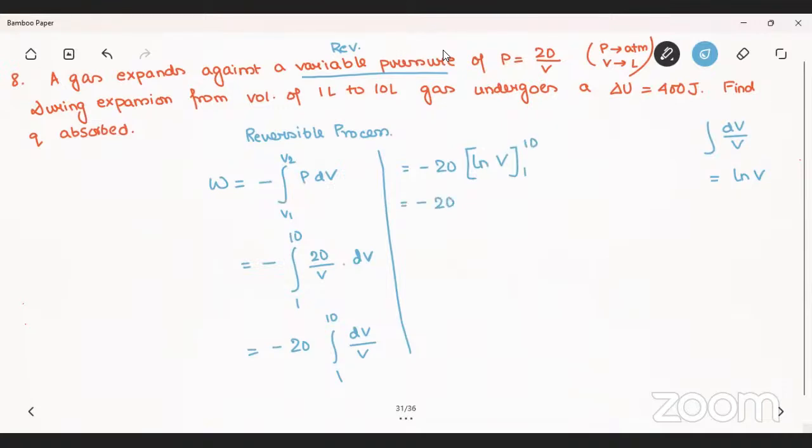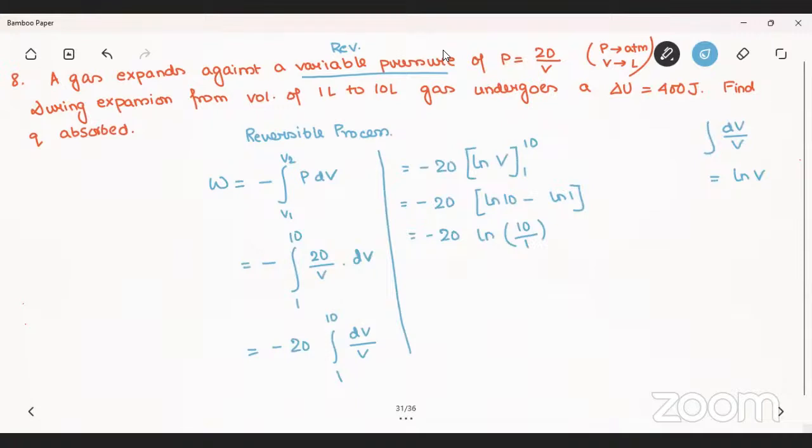What does this limit mean? Limit means ln 10 minus ln 1. If here it was written 15 and 2, it would be ln 15 minus ln 2.